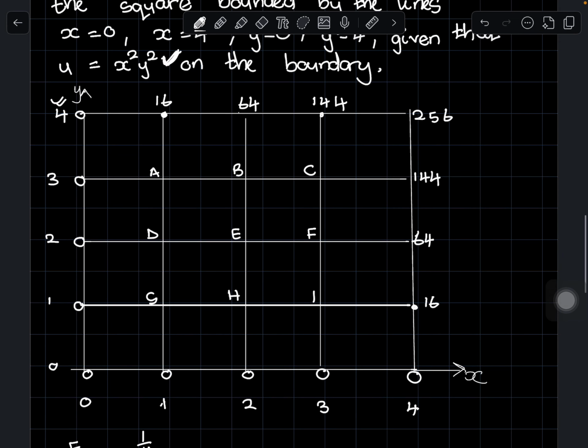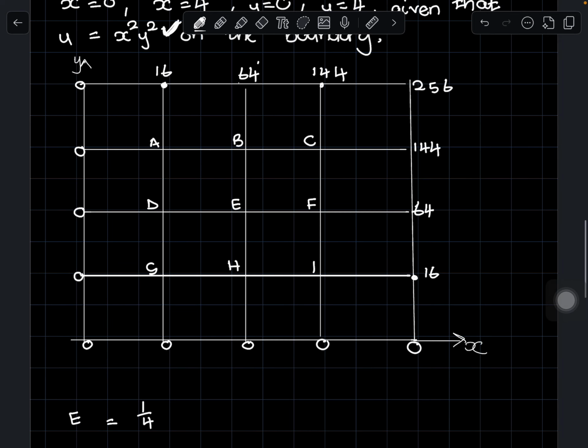We use the 5-point formula: 64 plus 0 plus 0 plus 64.